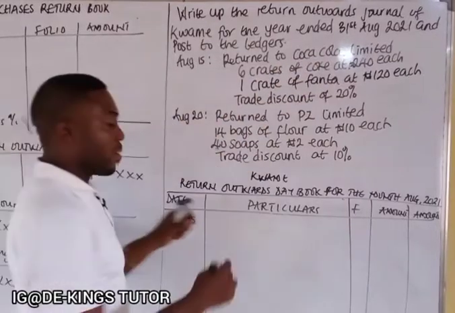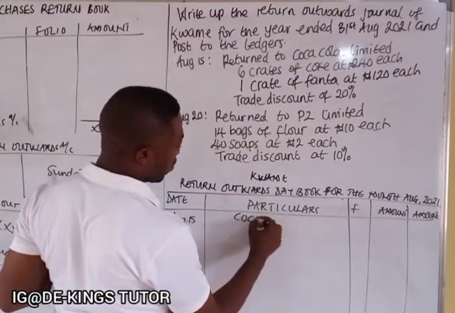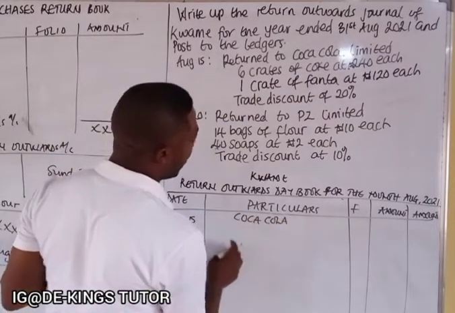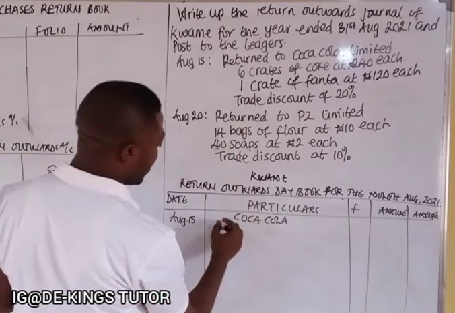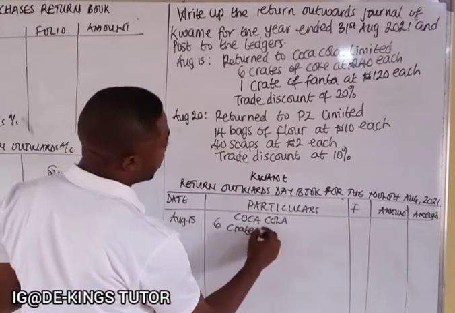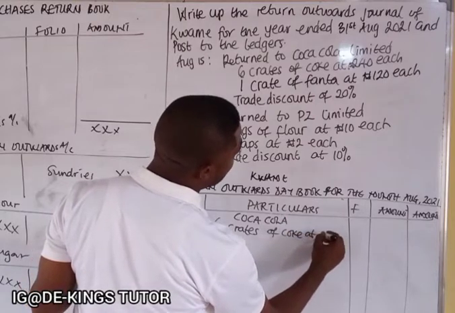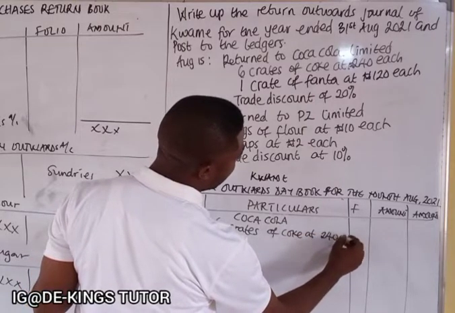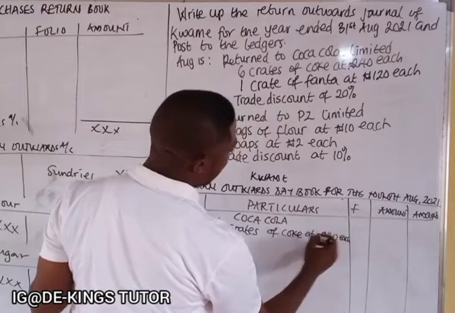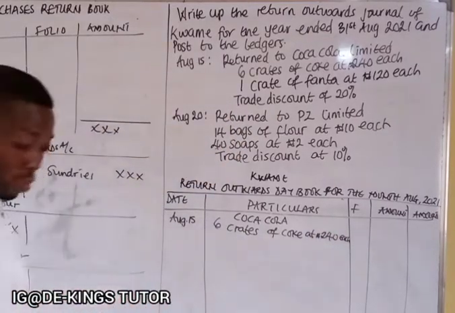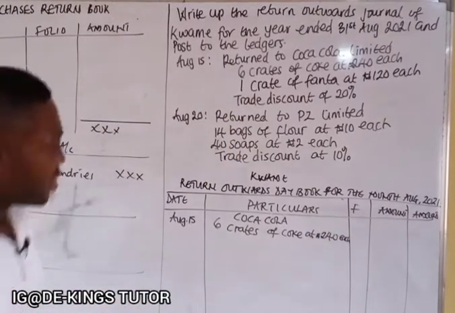Return to Coca-Cola. They bought from Coca-Cola before. So return: 6 crates of Coke at 240 naira each.